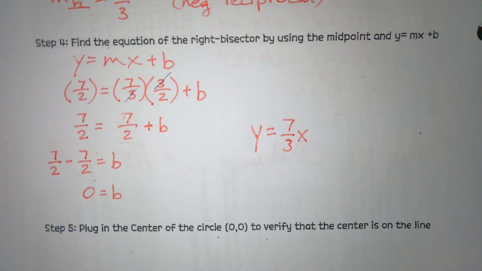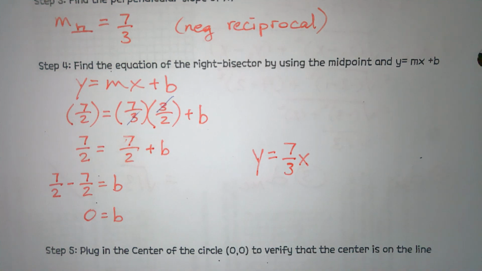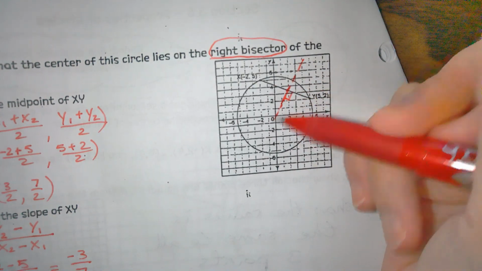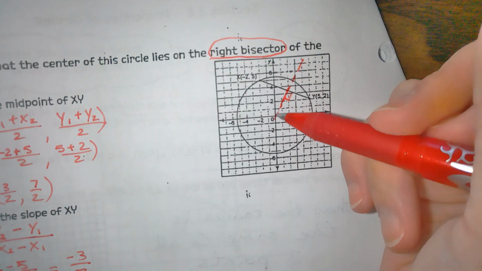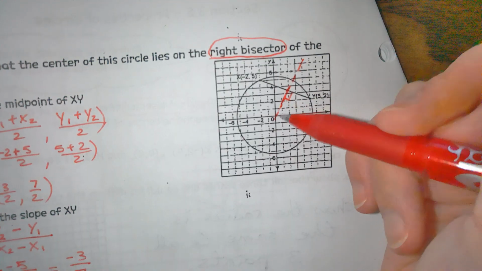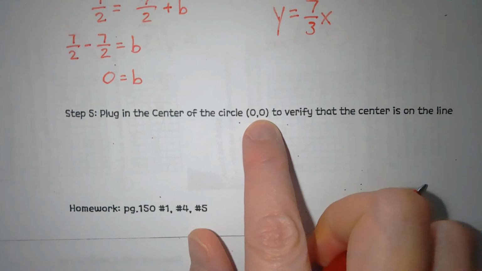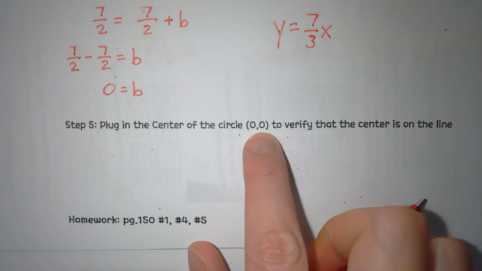Okay. And then any point on this red line will satisfy that equation. So right here, I can sub in 0, 0 to verify that it is on the line.